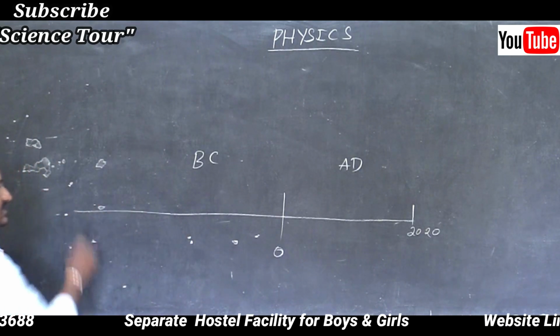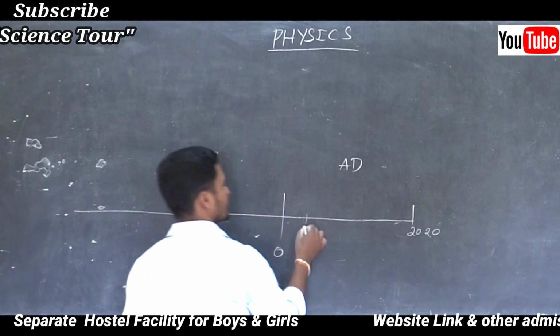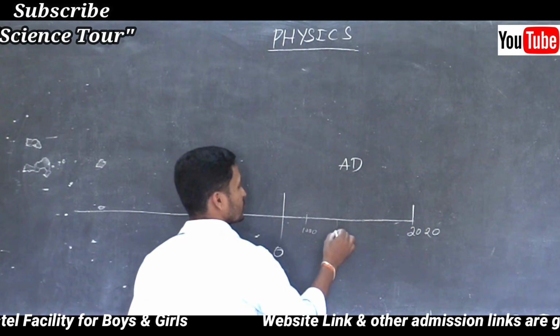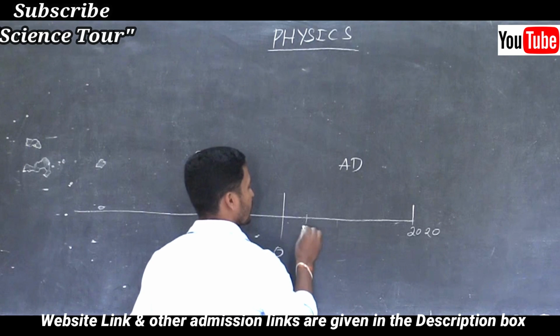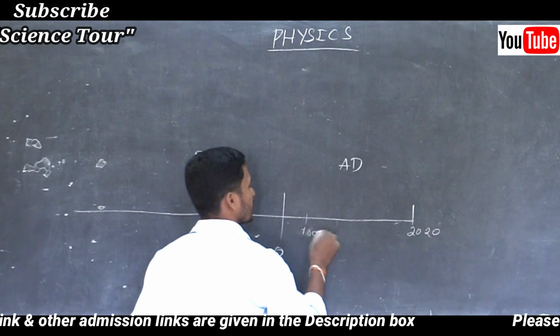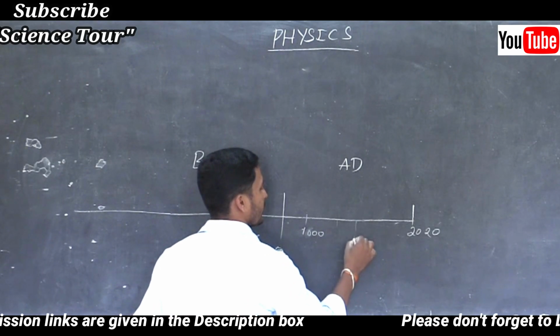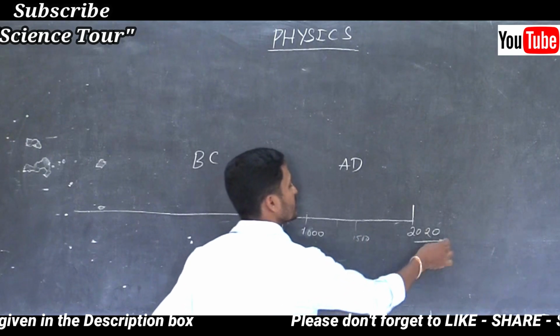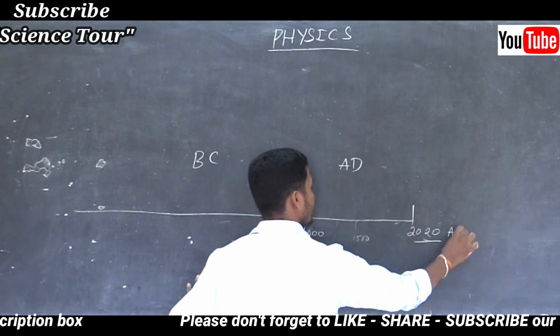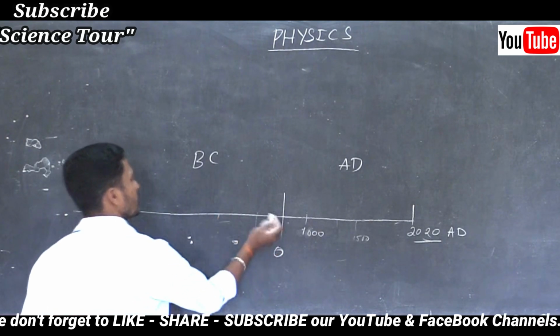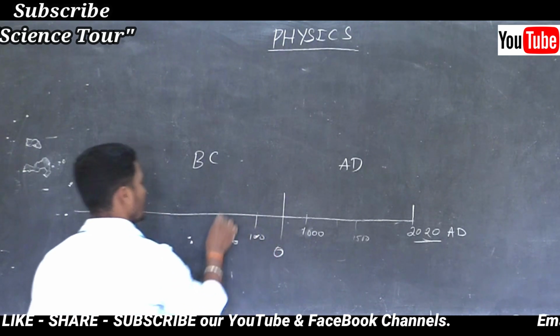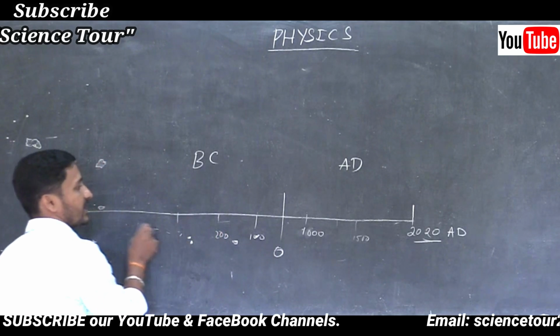The time axis starts like this: 100, 200, 300, 1000, 1500. Now we are in 2020 AD.